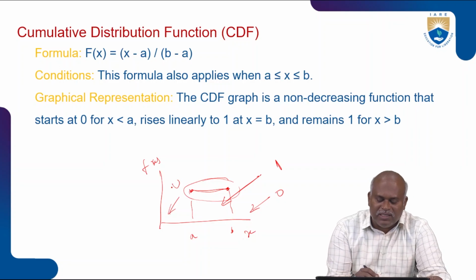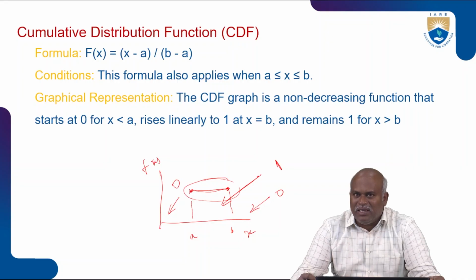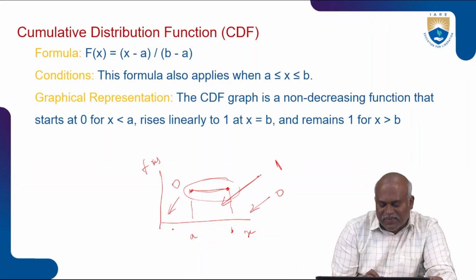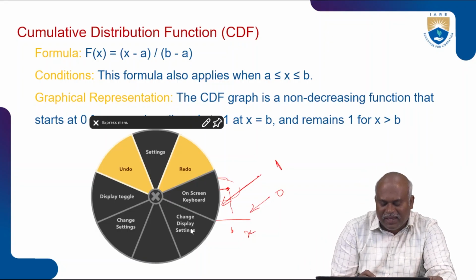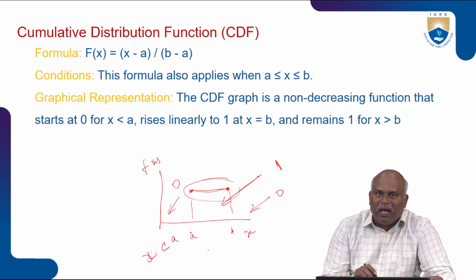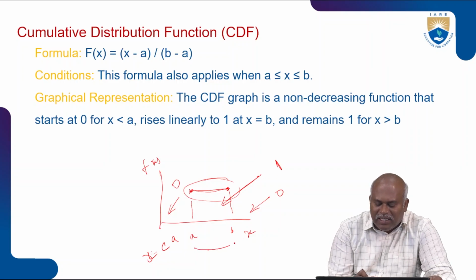These two portions are equal to 0, as I write here. The cumulative distribution graph is a non-decreasing function that starts at 0 for x less than a. It rises linearly, and the area is equal to 1 up to x equal to b.